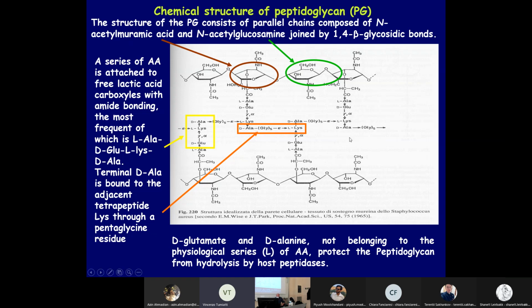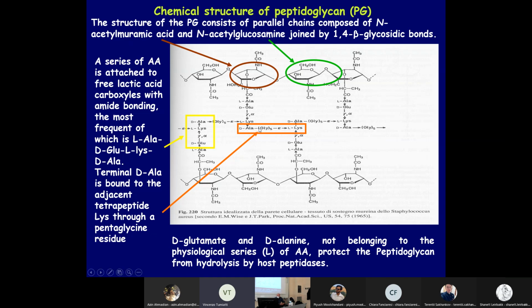The most important point of this structure is D-Ala, this alanine, and this pentaglycine bridge, 5 glycine residues altogether.